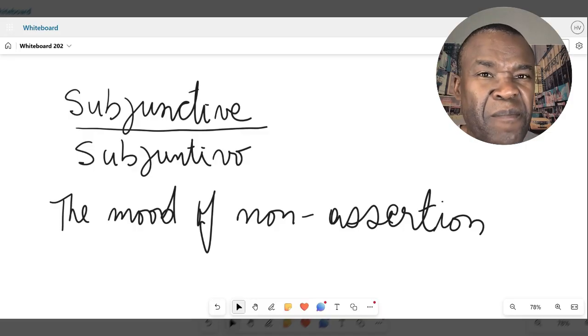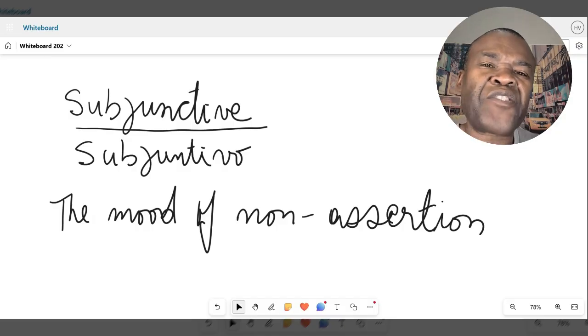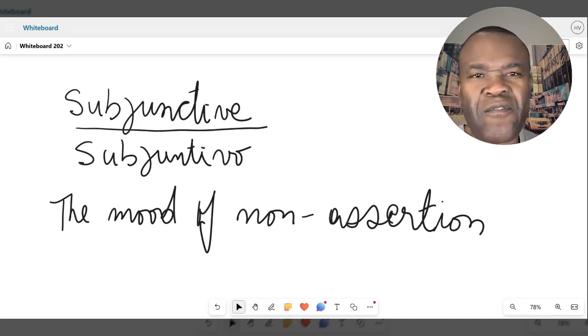The verb means something. The verb transmits some kind of idea, a proposition, and the speaker refuses to assert what the verb means, what the verb stands for.